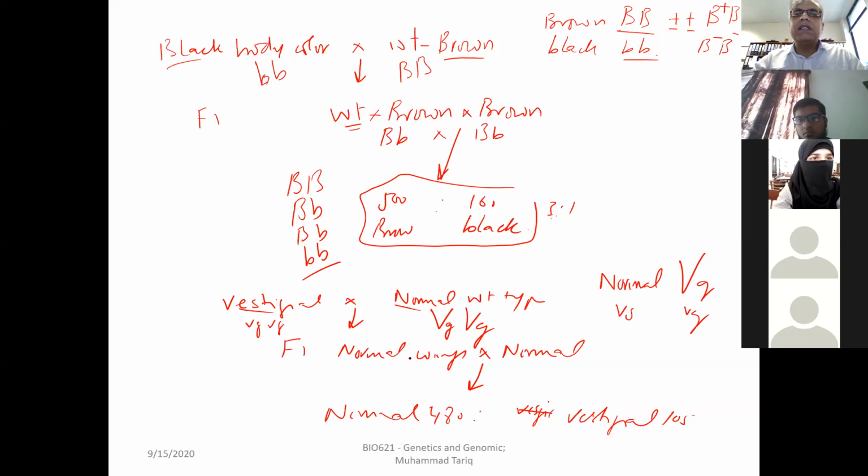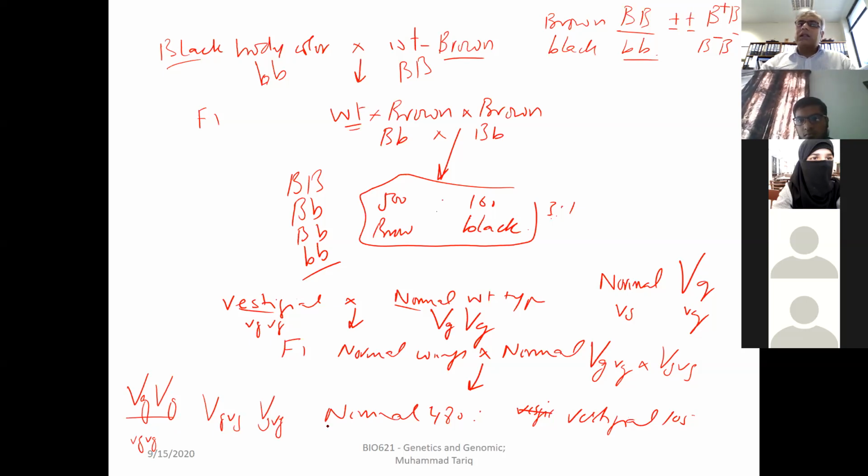Small vg, F1 will be like this, and in F2 you will get 3:1 or 1:2:1, the Mendelian ratios.